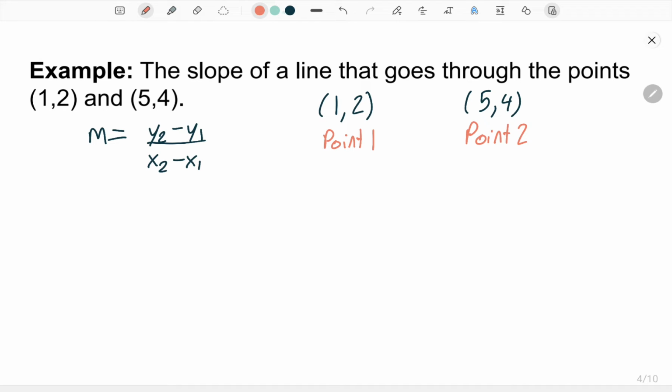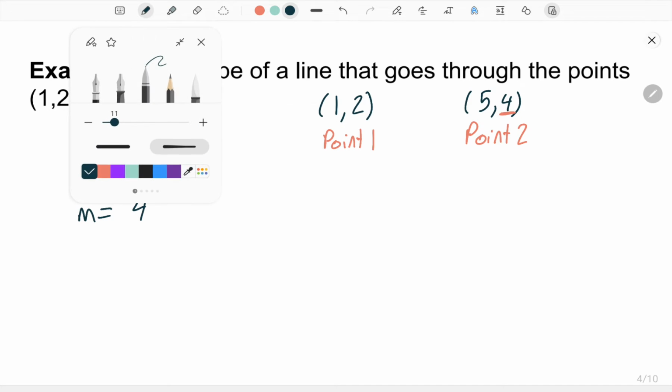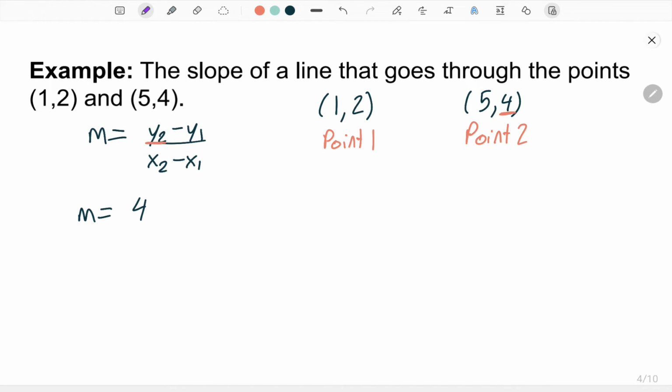So then when we're substituting in our values here, y2. When we see y2, we're looking at the y value of point 2, so the 4. And that goes here. Then we're next looking at y1. Well, y1 is then just the y value of the first point, so the 2.